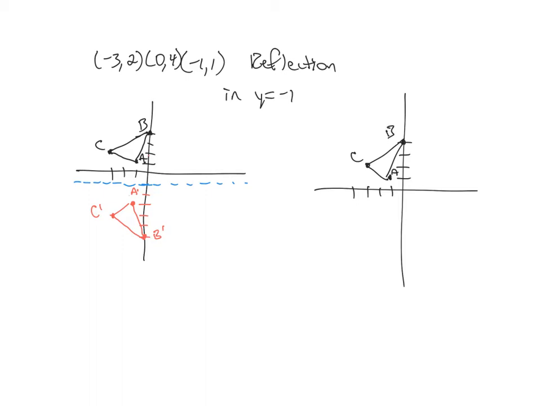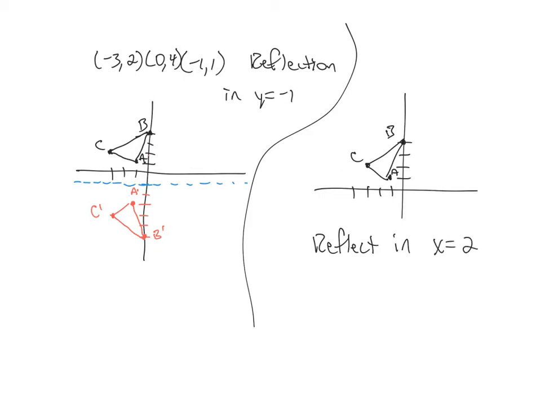And it's said to reflect, I can't spell, remember I just say over, x equals 2, that on the x-axis you go to 2, and that's our reflection line.